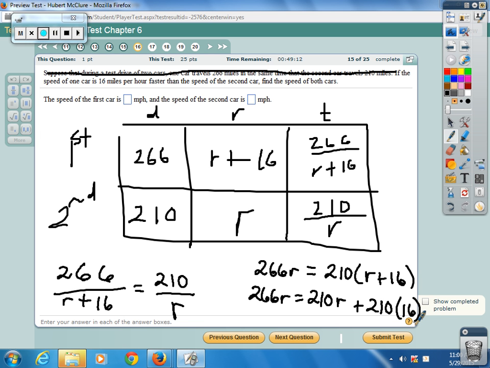Now 210 times 16 is very hard to multiply because that's 200 times 16 and then 10 times 16. That's real hard. 200 times 16 is 320, right? And then 10 times 16 is what? That's 480. I can't do math in my head.